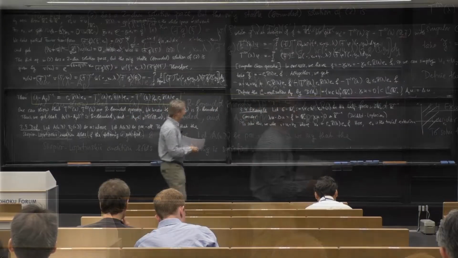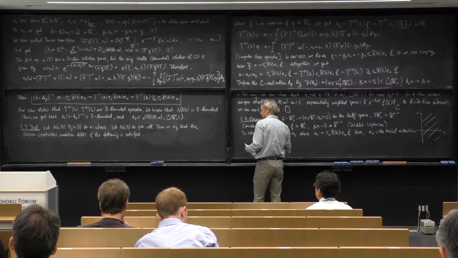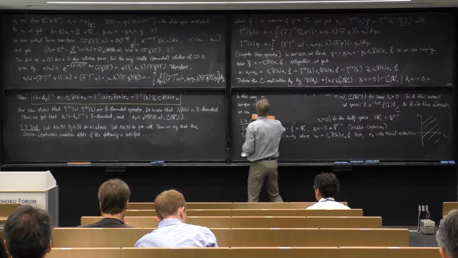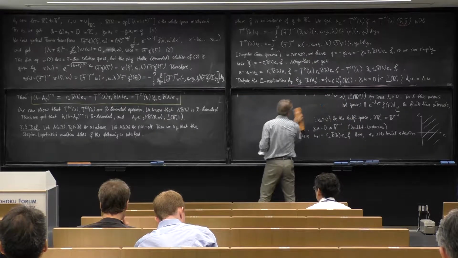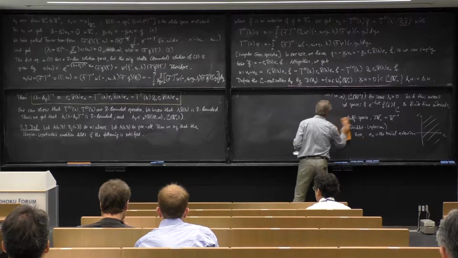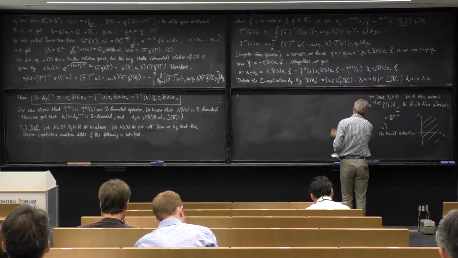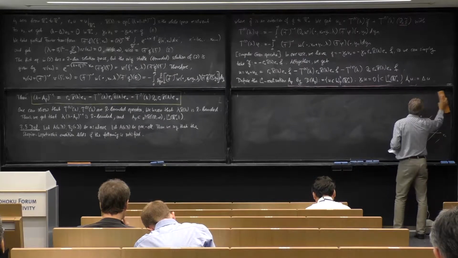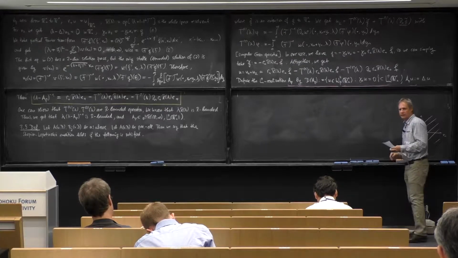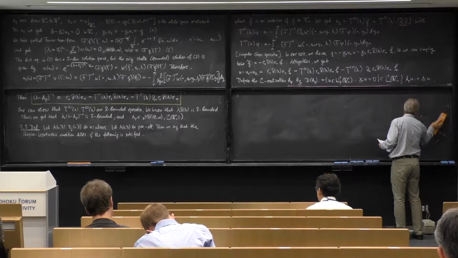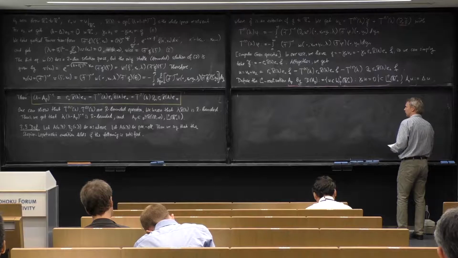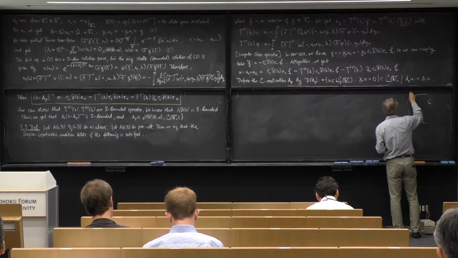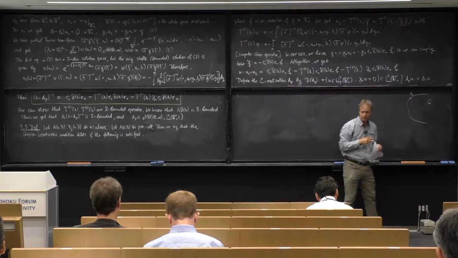I have to be a little bit careful here. Shapiro-Lopatinsky is a local condition. So now I'm living in a domain. I have some domain G, and some x naught on the boundary.